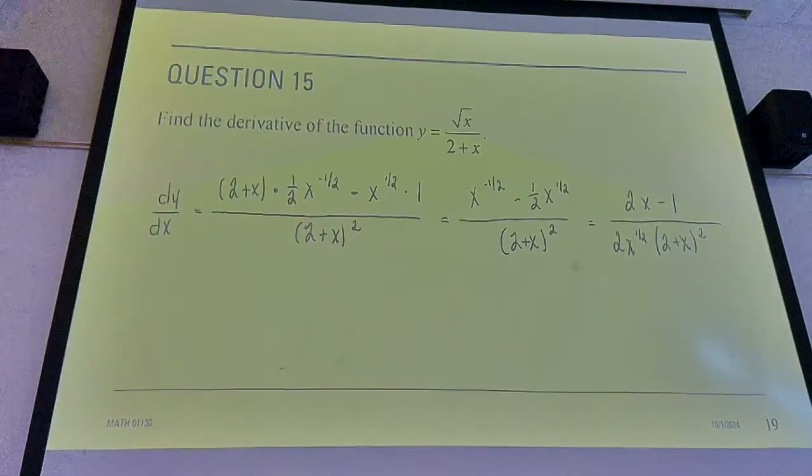x to the half plus a half x to the half minus. Well, that's right. How do I get that then?